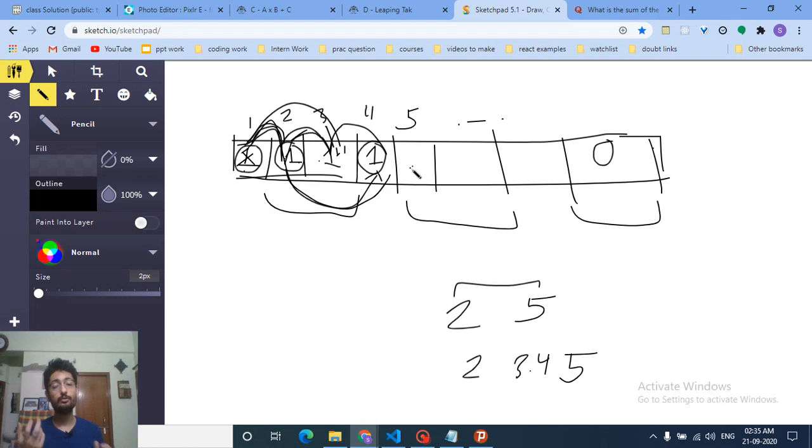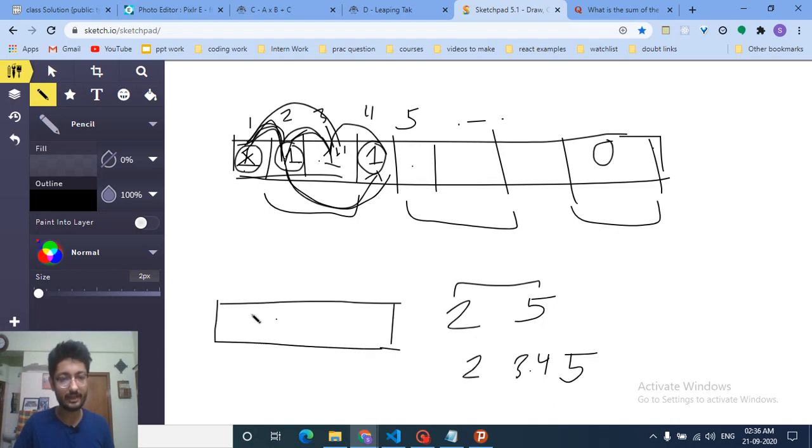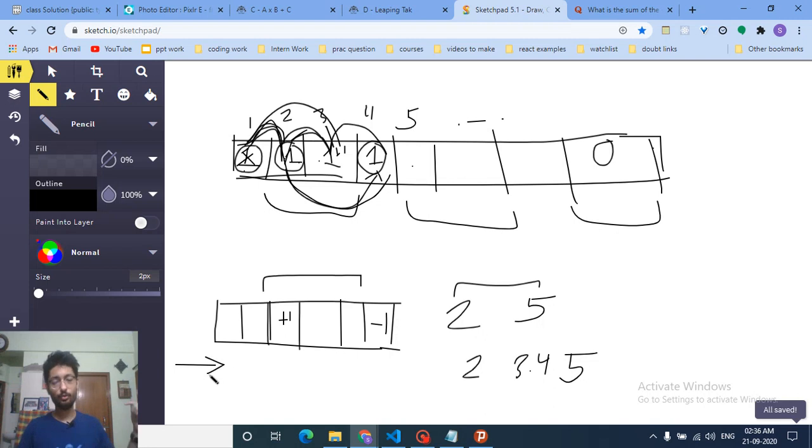But if you want to update some range in a continuous manner, the first thing that comes to my mind, which is very easy to apply, is range updation using an array. You have some particular blocks and you want to update all of these values by 1, then just add 1 at this point and subtract 1 at this point, and then do an iteration from left to right.